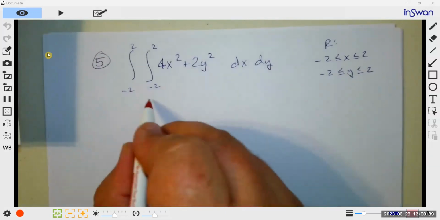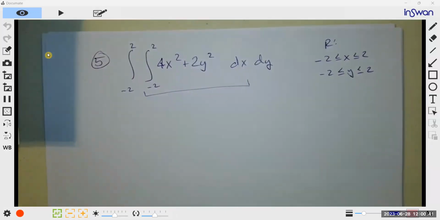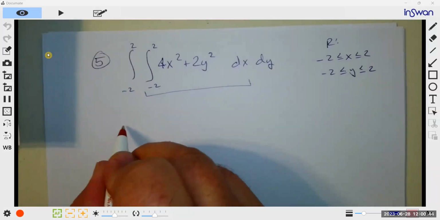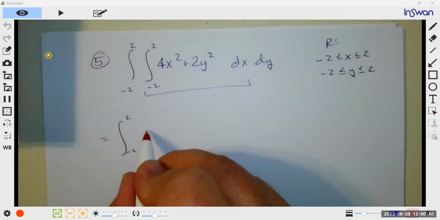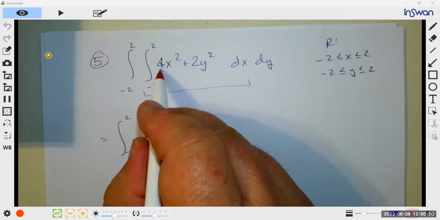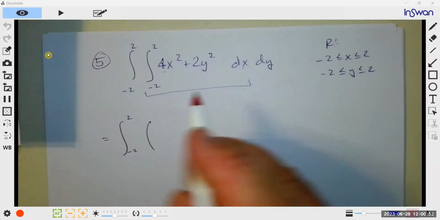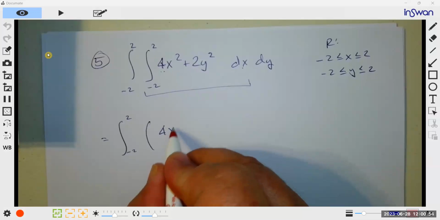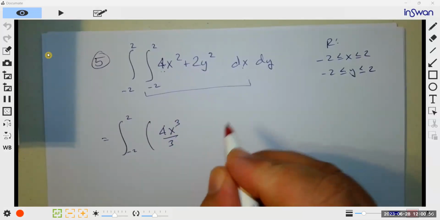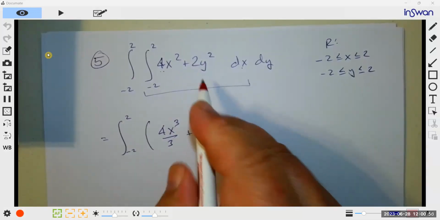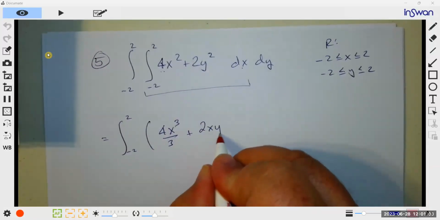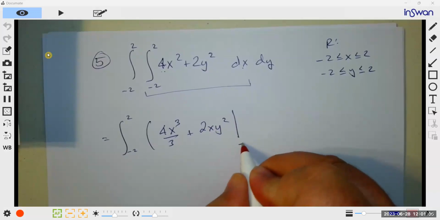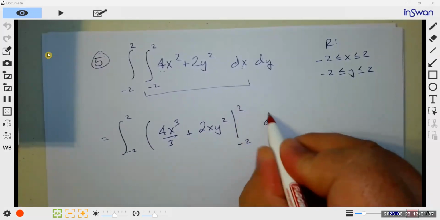I'm doing first with x, so leave the y alone. The integral of 4x squared with respect to x is 4x cubed over 3. And the integral of 2y squared with respect to x is 2x y squared, from -2 to 2.